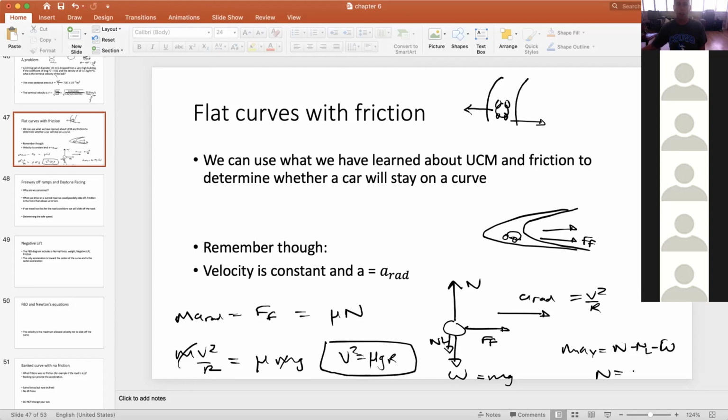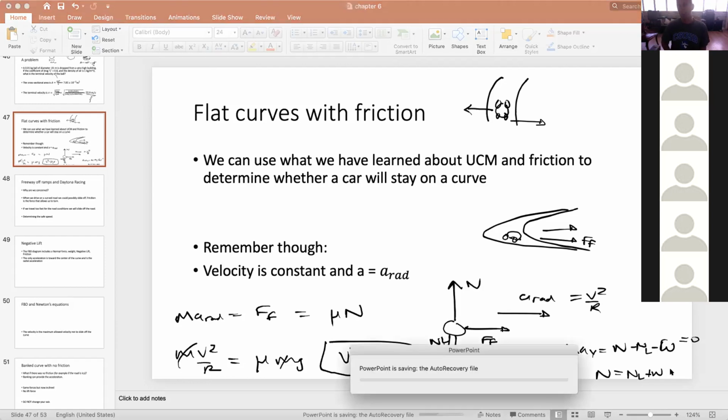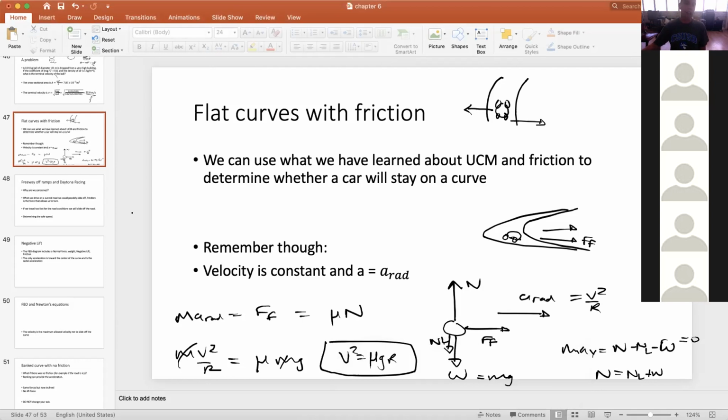So your normal force, and since that's 0, is equal to negative lift plus weight. That's like how much your race car is being slammed down to the ground. But basically, v squared is equal to mu g r, and v is equal to the square root of mu g r, right? If you exceed v, then you slide off the road.